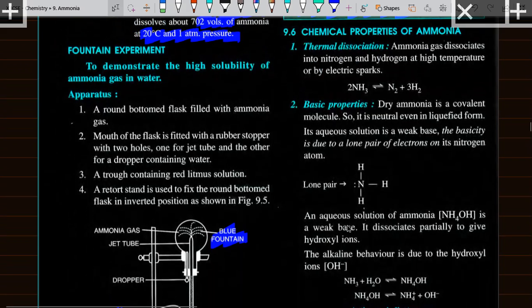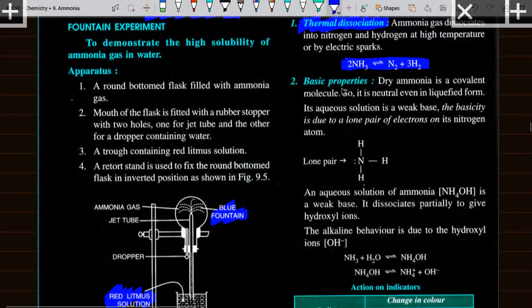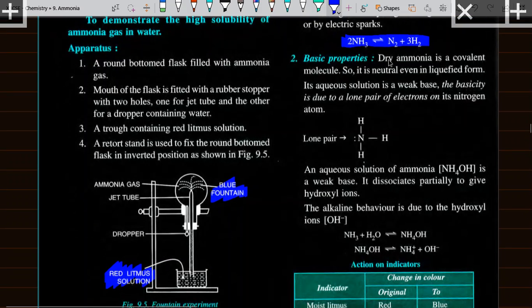ठीक है। केमिकल प्रॉपर्टीज ऑफ अमोनिया, सबसे पहले थर्मल डिसोसिएशन। Ammonia gas dissociates into nitrogen and hydrogen at high temperature by electric sparks. Dissociation. Basic properties. Dry ammonia is covalent molecule, so it is neutral even in liquefied form.